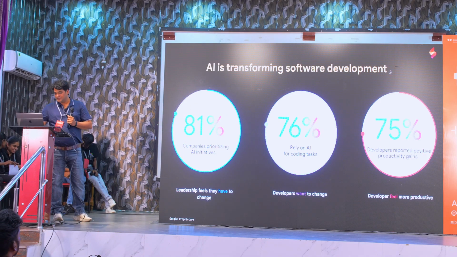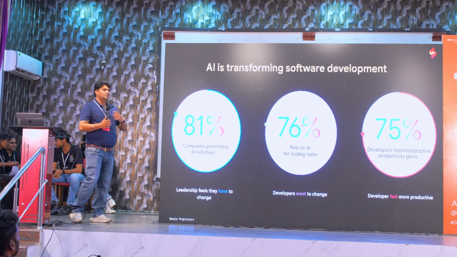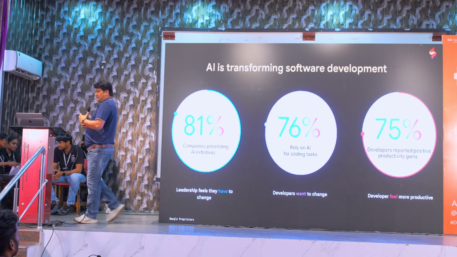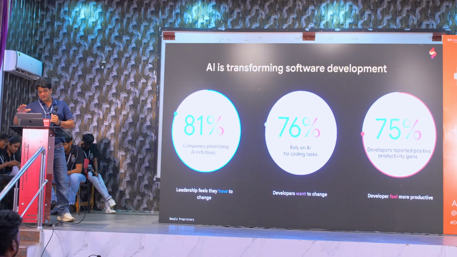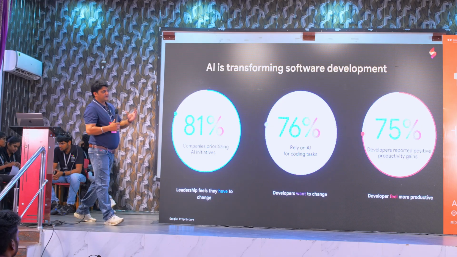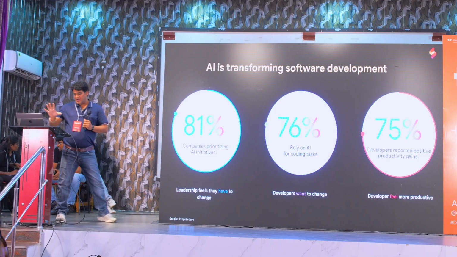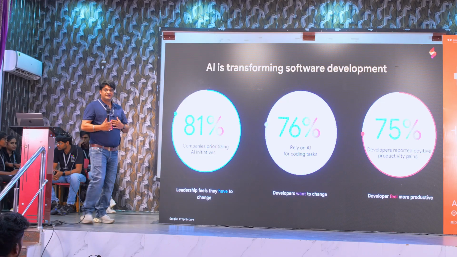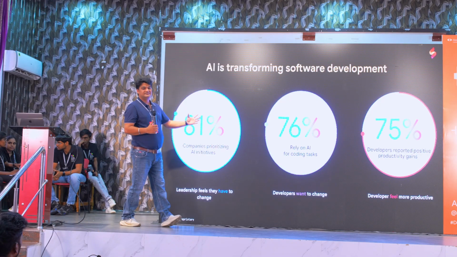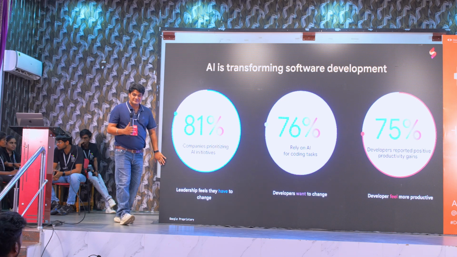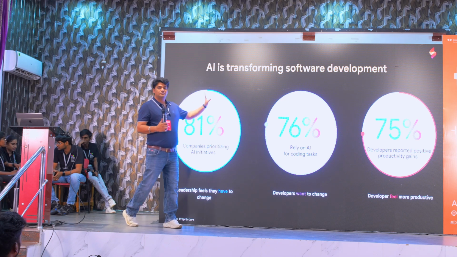Then the second point, 70% is still focused on coding tasks in the development you are doing. And finally, 75% are getting positive output after adopting this. This is not from my own statement, this is from the Google slides I have taken. This is Google proprietary, meaning this data is published by Google itself.